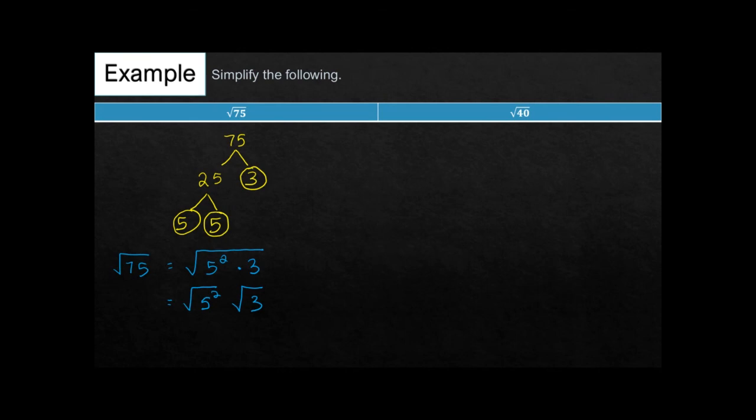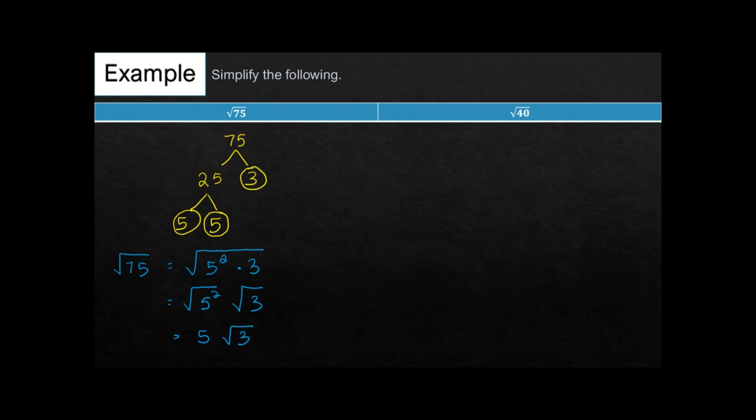Now, any square root of something squared, that automatically cancels. So the square root cancels out that exponent of 2 on the 5, and all we're left with is 5. Because 5 squared is 25, and the square root of 25 is 5. So those just completely cancel out, so I have just the 5. And then I'm left with the square root of 3.